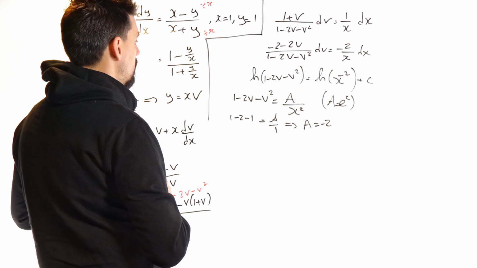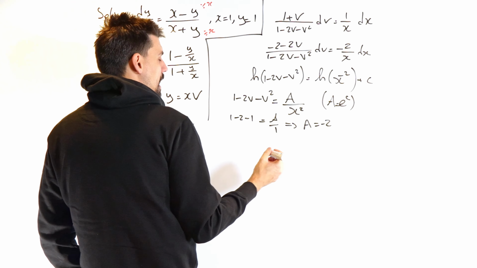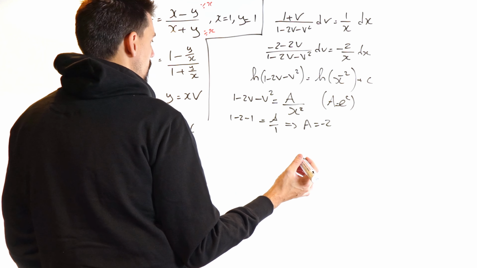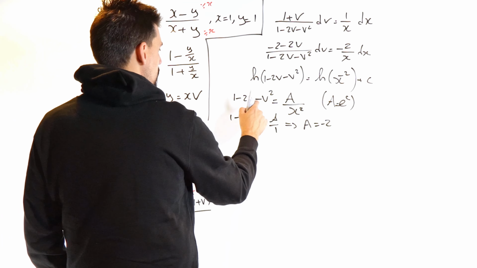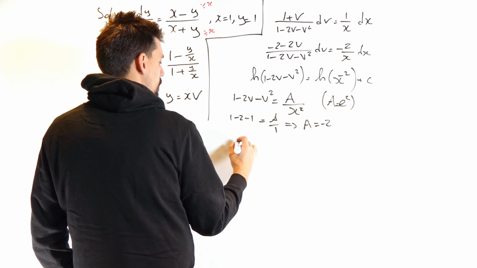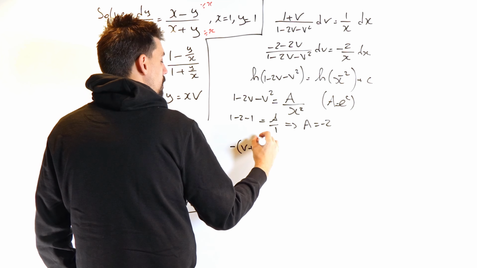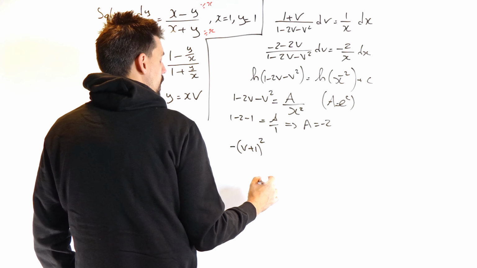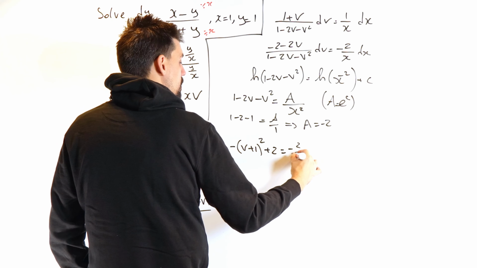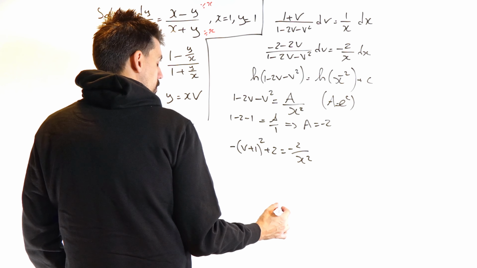All right. Now let's turn the v's back into x's, shall we? Or shall we not? We could just, yeah, let's complete the square on this side. So that becomes minus v plus 1 squared plus 2 is minus 2 over x squared.